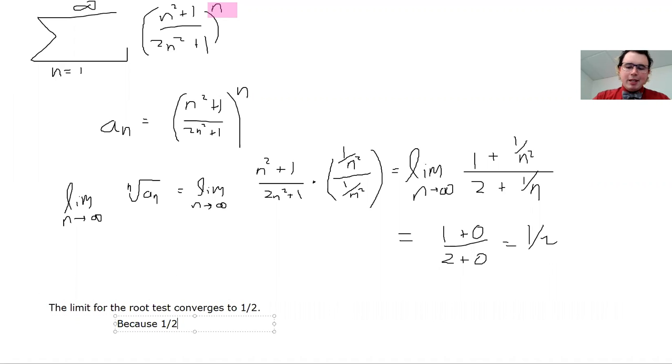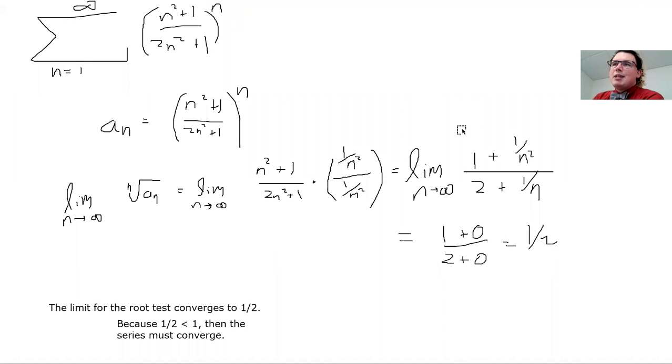Because 1/2 is less than 1, then the series must converge. So what are the outcomes for the root test? If the limit that I'm calculating here is less than 1, then the series that I'm interested in converges.